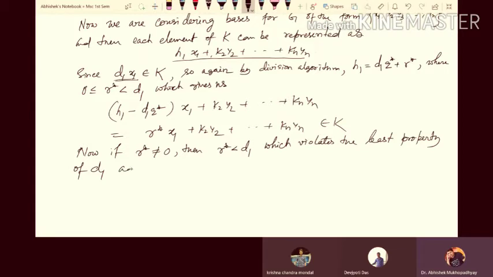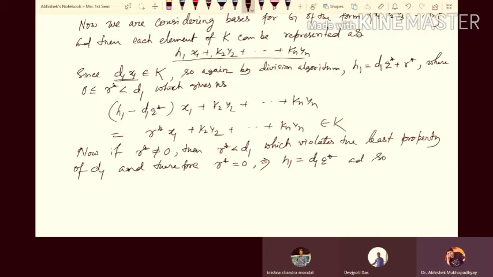And therefore r star must be 0, which implies that h1 is d1 q star.